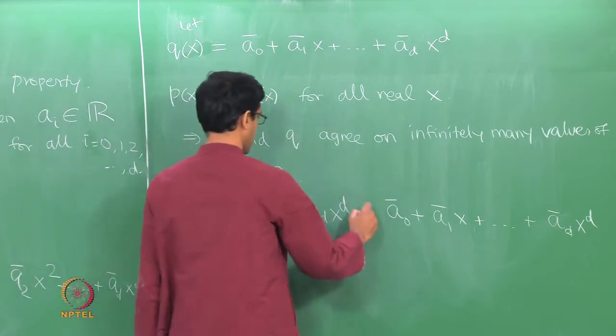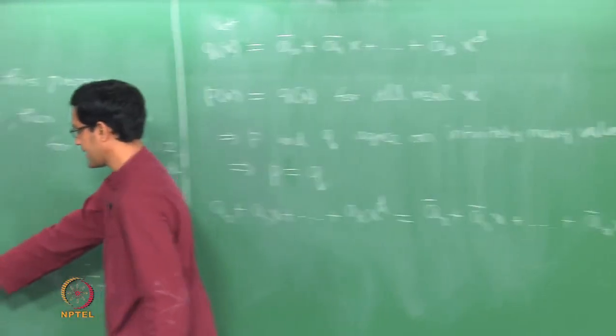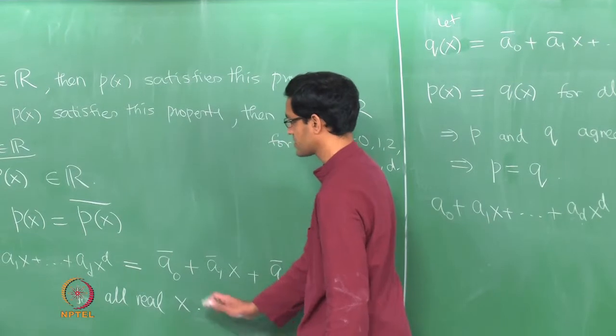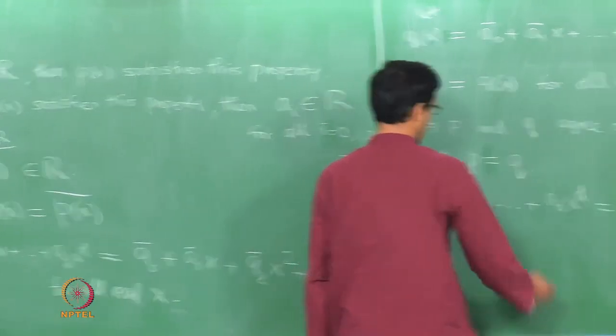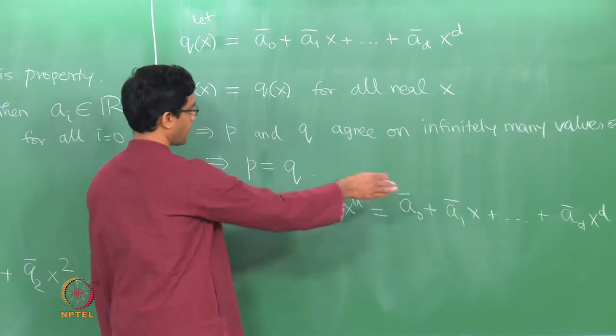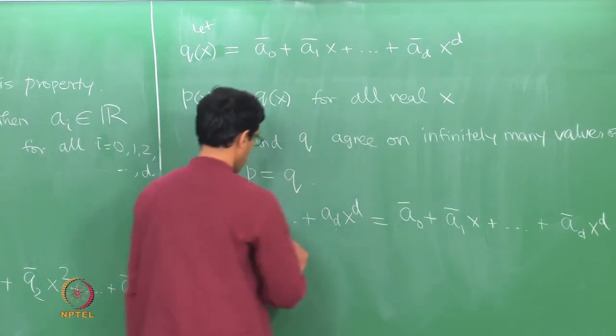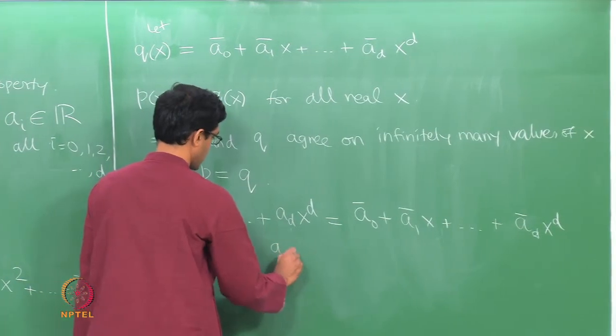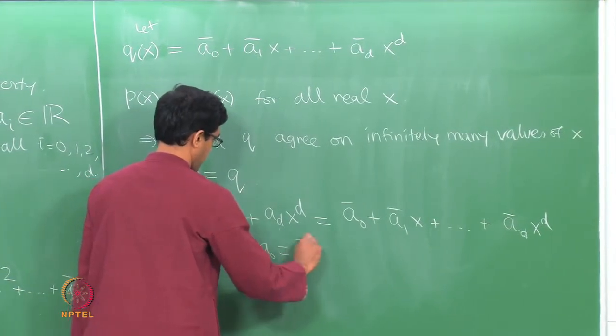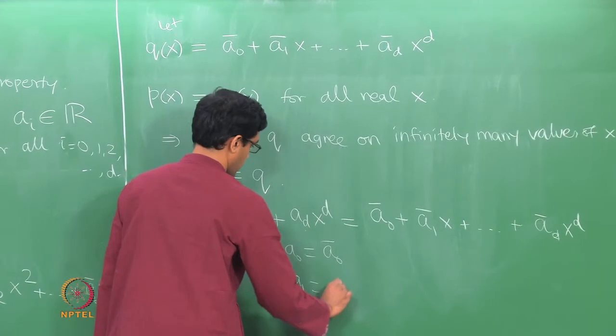Okay, so it's a little bit like this equality, but this equality is thought of as only holding for all real values x. This equality actually holds for all complex values x if you wish, since they are identically the same polynomial. So this means that a0 is the same as a0 bar, a1 is the same as a1 bar, and so on.